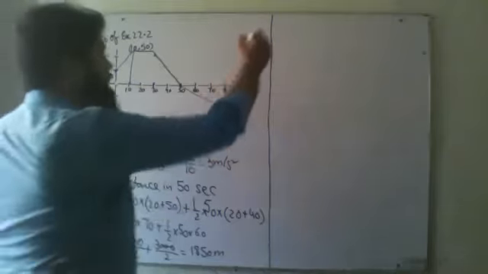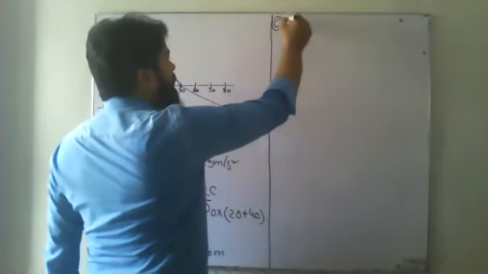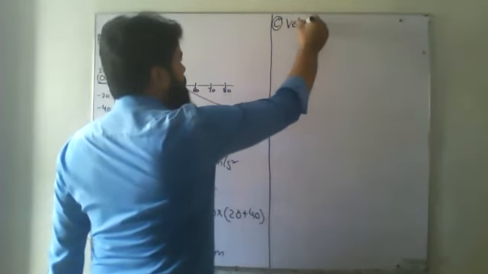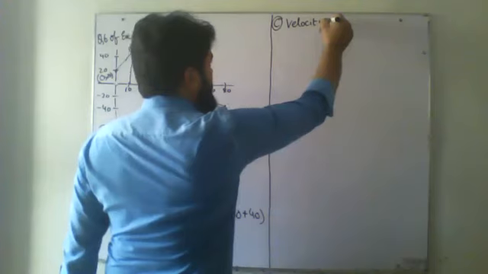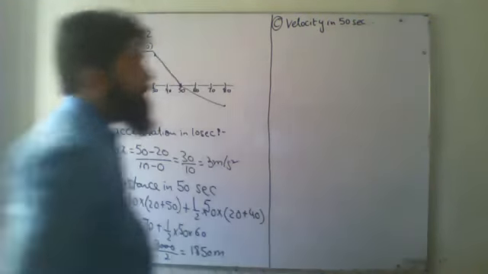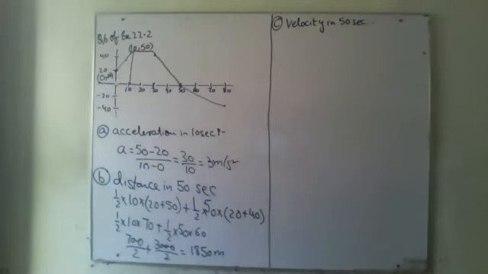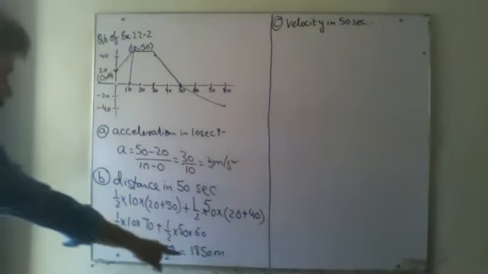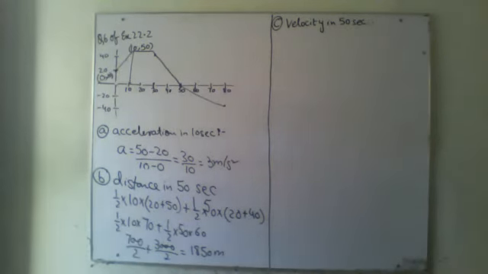Now, part C is saying that we have to find velocity. Velocity in 50 seconds, I have to find the average velocity in 50 seconds. How will I find that? I have got the total distance from here, that is coming 1850.